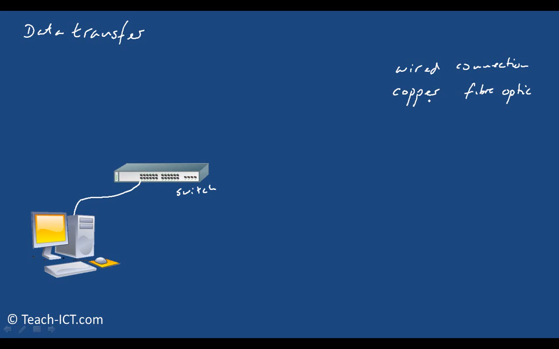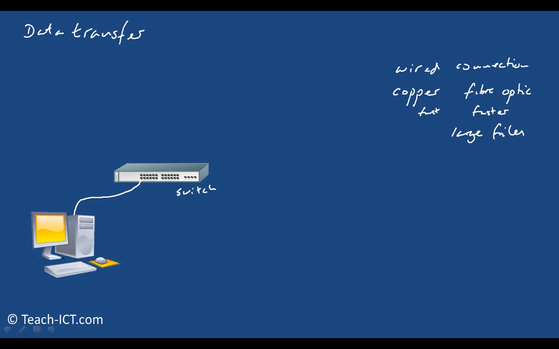With either of these, this is fast, and this is even faster. But the whole point of a wired connection is that at this moment in time, and I'd be very specific, 2012, a wired connection tends to be the fastest connection that you can get. And that's particularly useful if you have very large files.